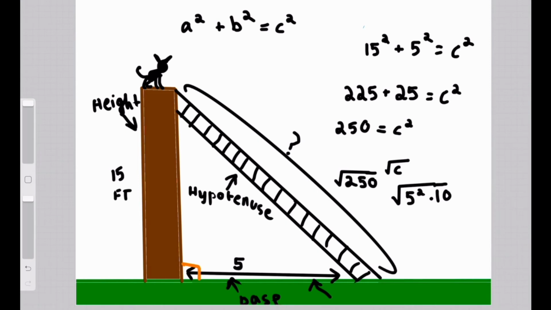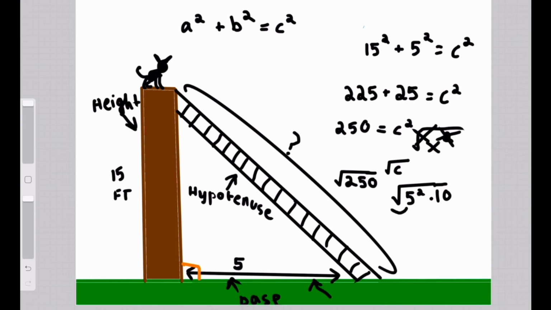Now let's simplify that further. We know that if there's anything to the power of 2 inside of a square root, it automatically gets canceled out. If we had any variable like x squared and we put it in a square root, the exponent, the squared, would be canceled, and so would the square root, leaving us with just x.